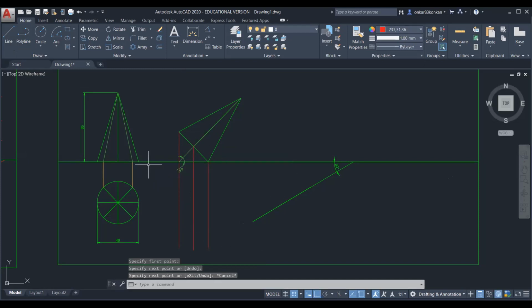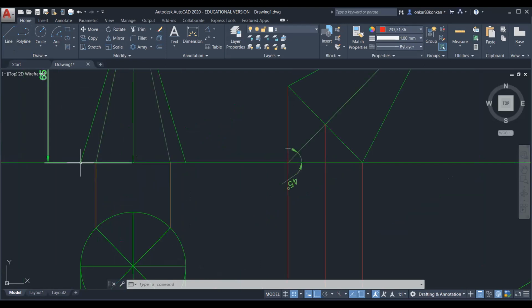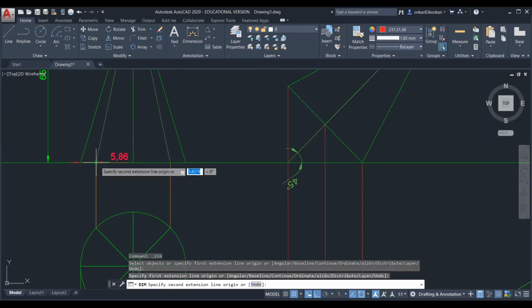Okay, so now we will need 2 extra points. So you can observe here. So this is the point corresponding to this generator. So you can take this distance by using compass and just mark this distance on this line. So right now it is 5.86.